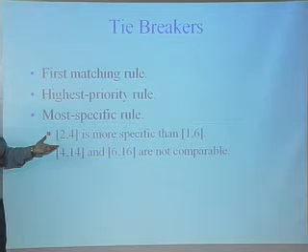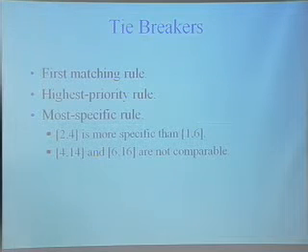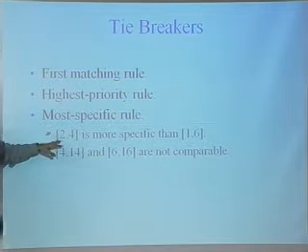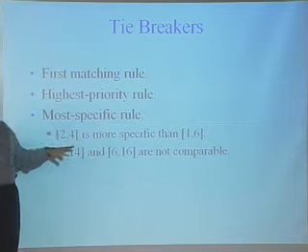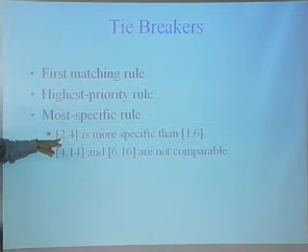So for example, if you have a filter that matches all the IP addresses in Gainesville, and you have another one that matches all the IP addresses in Florida, then the Gainesville filter is more specific than the Florida filter. So if you have a packet that's going to Gainesville, you'd rather use the Gainesville rule versus the overall Florida rule. So the most specific rule says if you have something that's more specific than something else, then you'd rather use the most specific one.